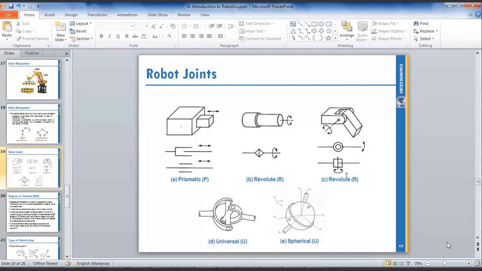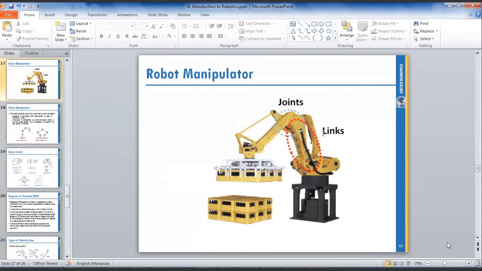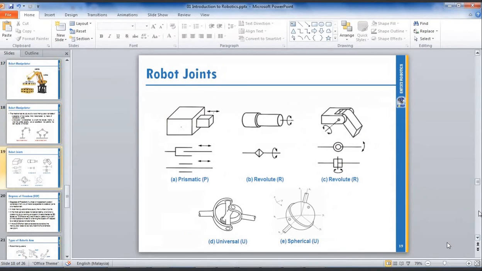This is also a revolute joint, but you can find it at the robotic arm joint. This one or this one. So still revolute, but the mechanical drawing is slightly different.